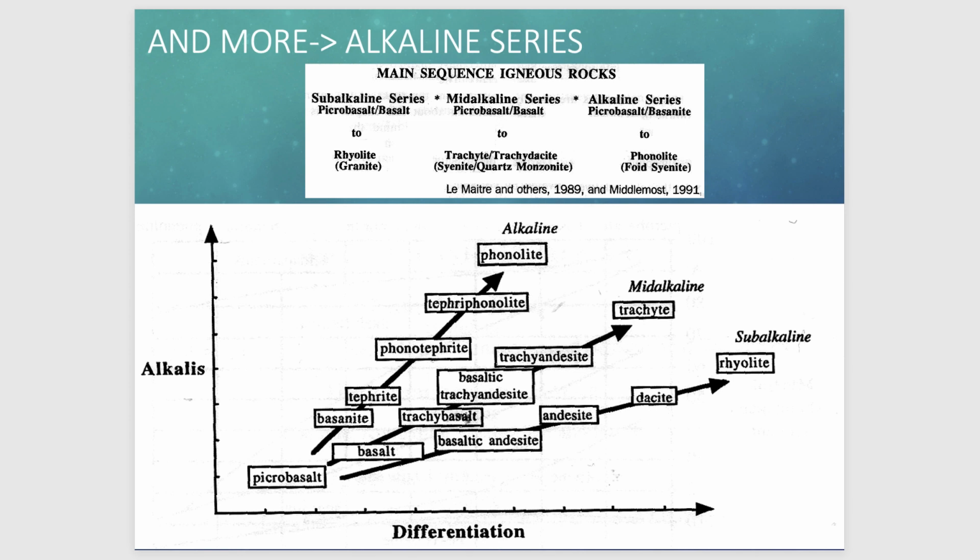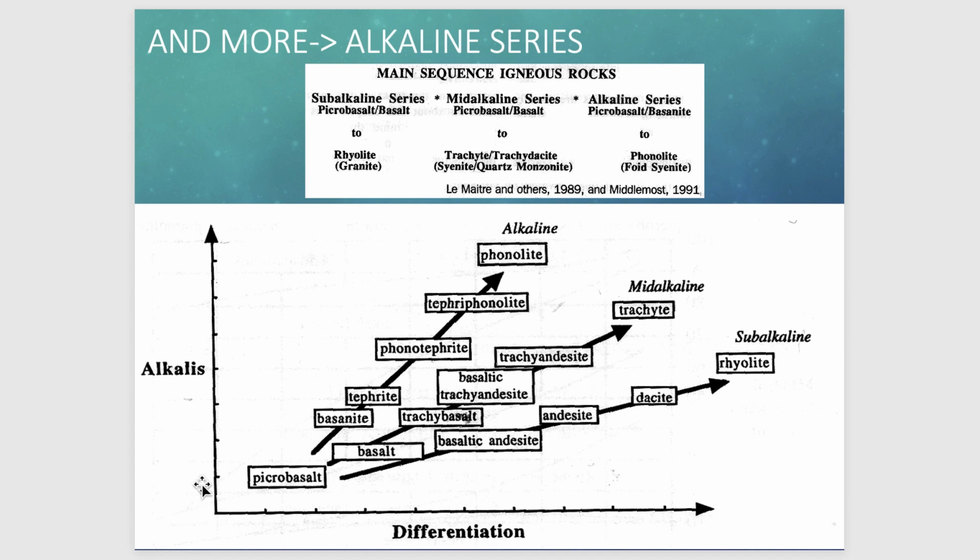Similarly, these trends can be sort of well represented here, so same type of classification here, just simplified. So you will have the alkaline series, the mid-alkaline and subalkaline series, as I was mentioning. And these will correspond really to this main sequence of igneous rocks, which can be related to tectonics.